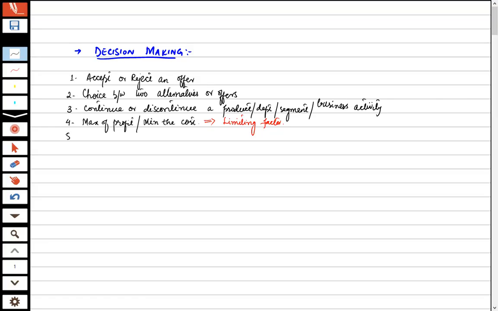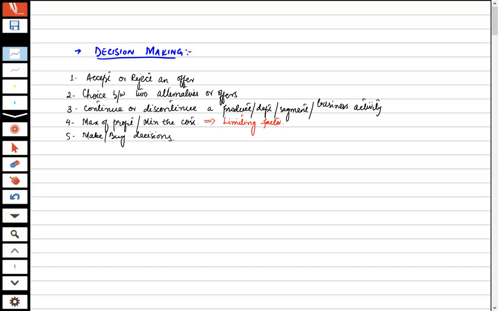Similarly, another related thing is make or buy decisions. It happens many times that if we decide to make something in-house, it may cause us heavier expenses, and if we go to the market and search for that product, we may find it less costly than our production cost.